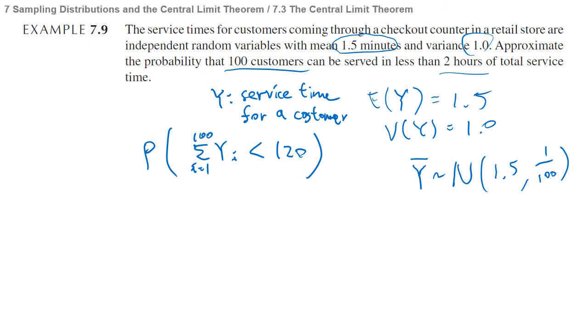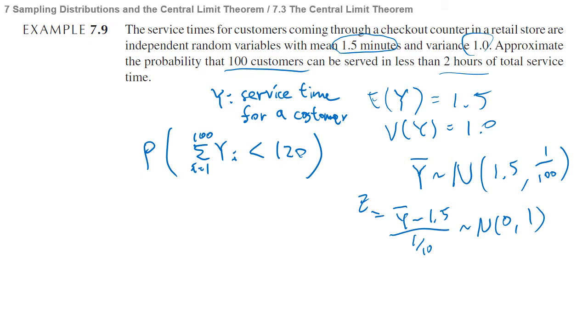So Y bar minus 1.5 divided by 1 over 10 would follow a normal distribution with mean 0 and variance 1. This is the standardized normal distribution.